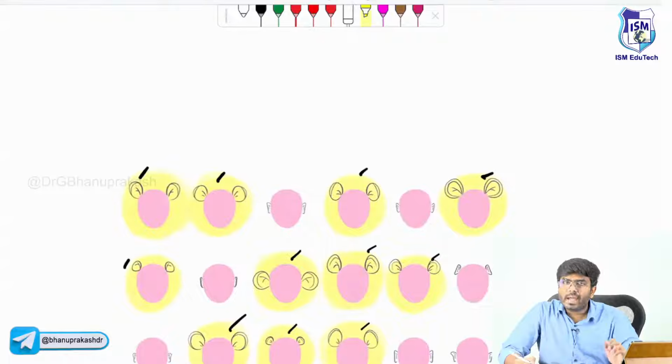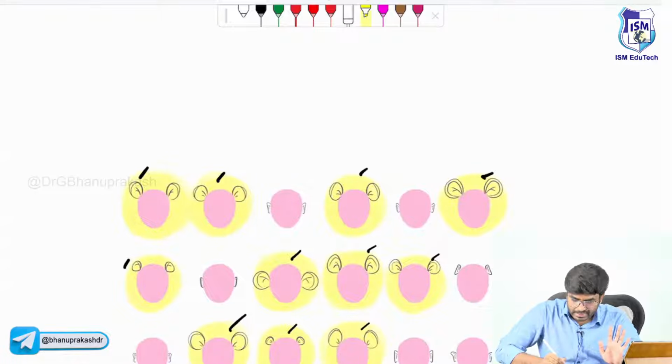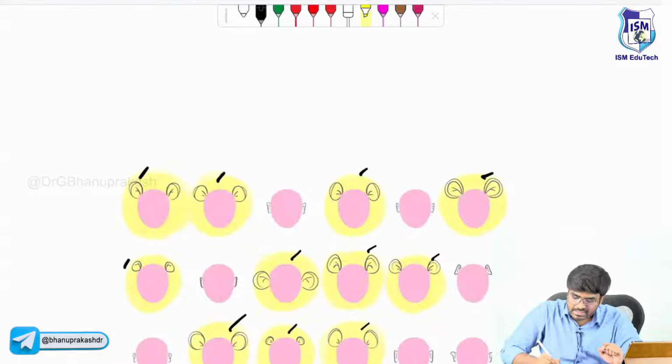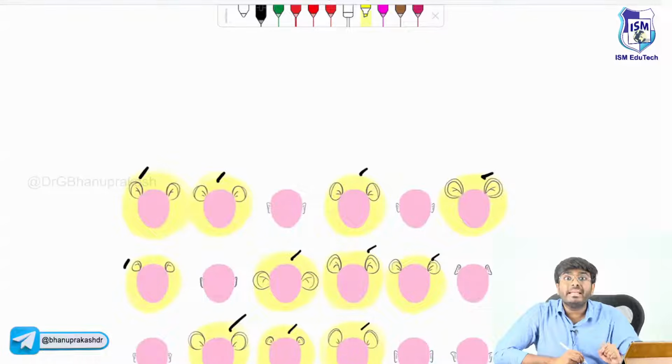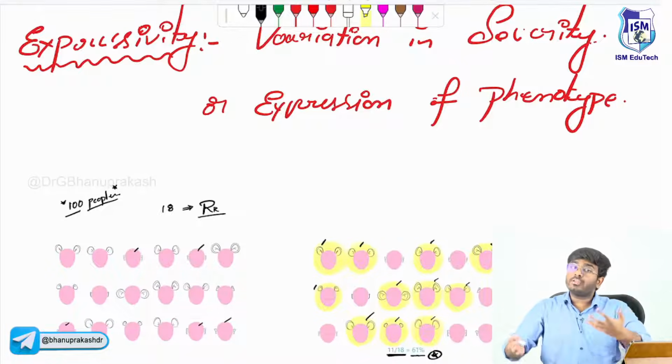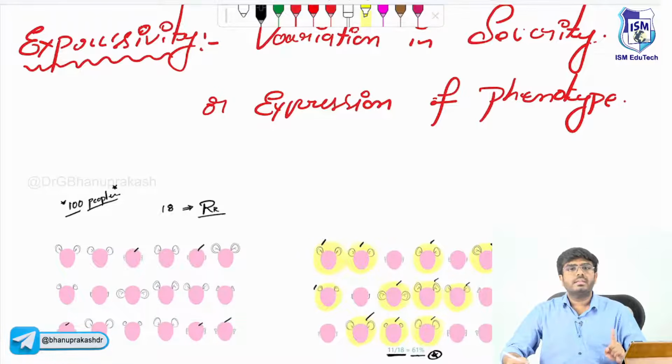So 11 out of 18 are affected even after having the same genes. So what is the penetrance? Penetrance is 61%. Incomplete penetrance. Such penetrance is shown by autosomal dominant disorders. Even though the patient is having a defective gene, still they do not express the disease. This is called penetrance.